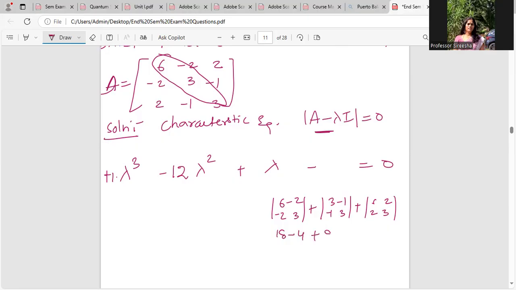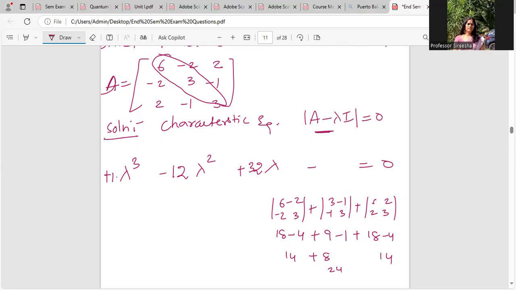Plus 3, 3 is 9 minus 1, plus 6, 3 is 18 minus 4. So what will I be getting? 18 minus 4 is 14. There is one more 14 here. 9 minus 1 is 8. Two 14s is 24. 24 plus 8 would be what? 32, with a positive sign. That would be the coefficient of lambda.